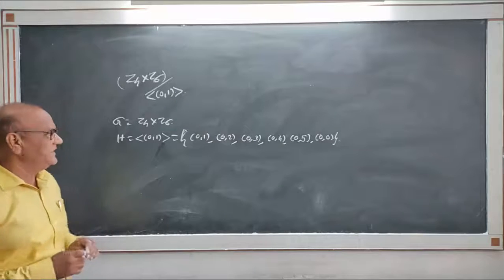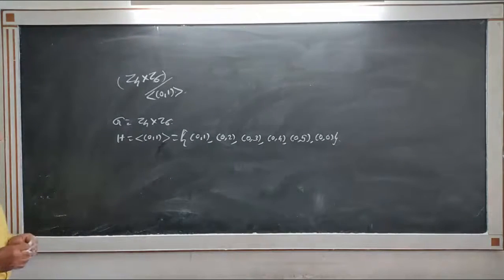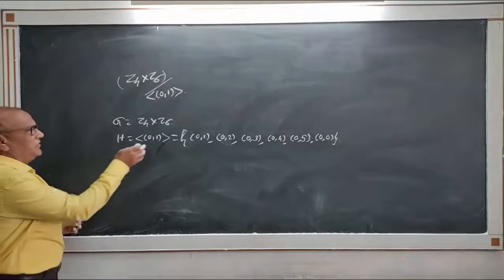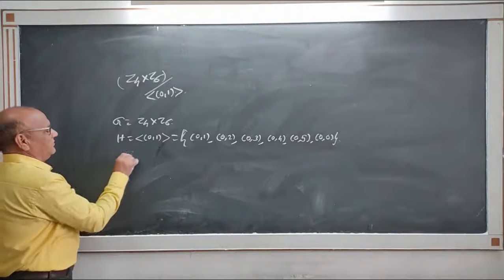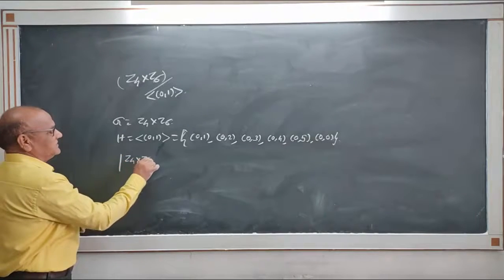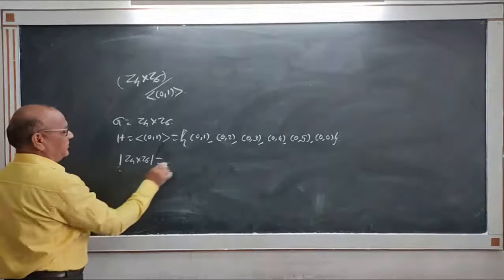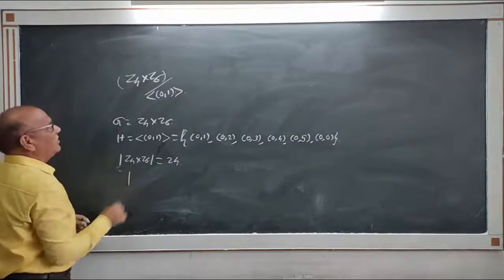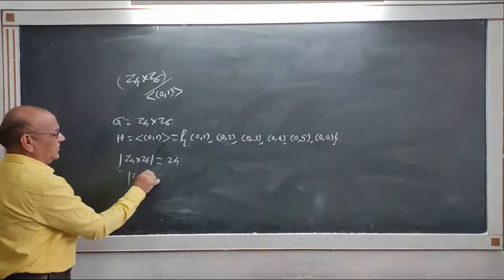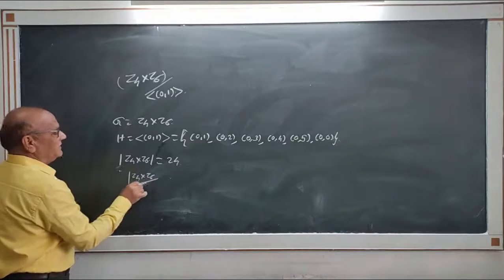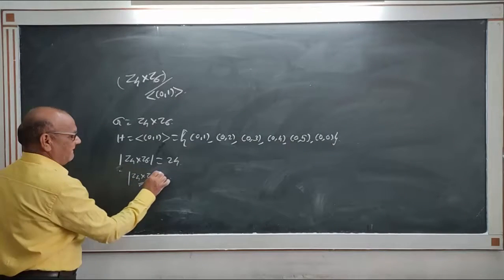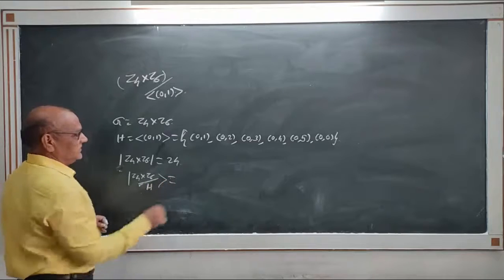Now, the order of Z4 cross Z6 is 24. Therefore, the order of Z4 cross Z6 by this H is 4.